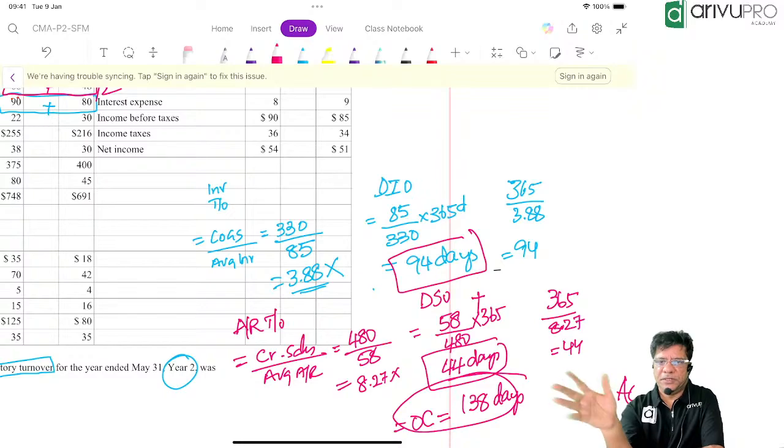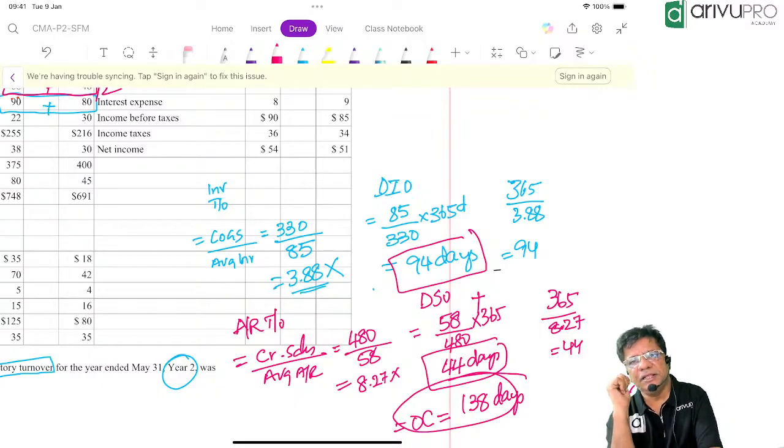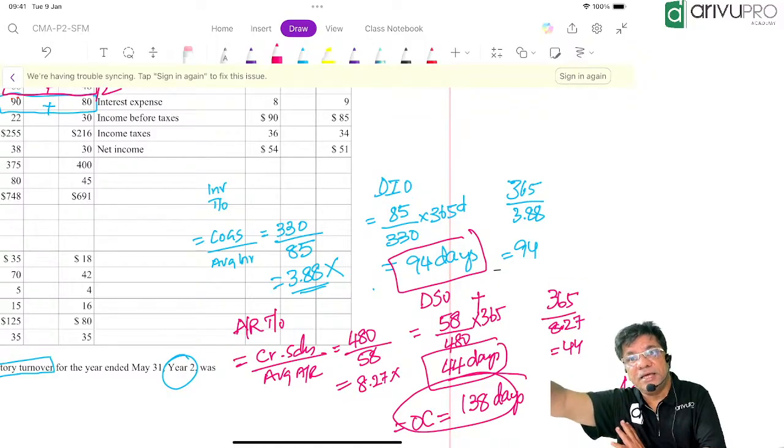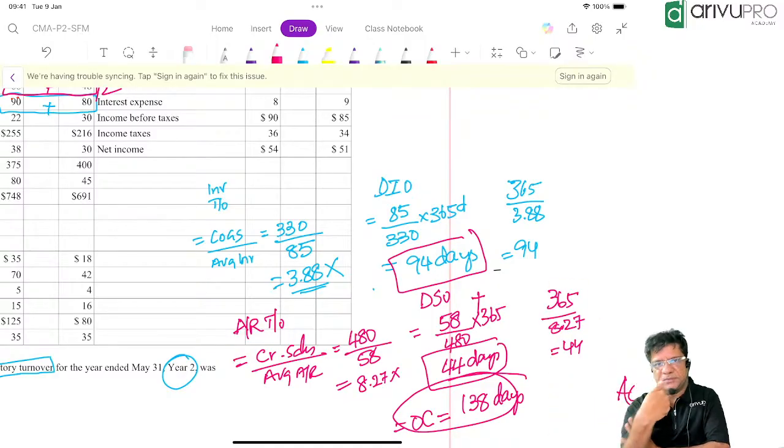We don't know here the industry average. I already talked about it. If your competitor is doing all these things, what is all these things? Operating cycle: date of purchase of raw material on credit till the cash is collected from customer.